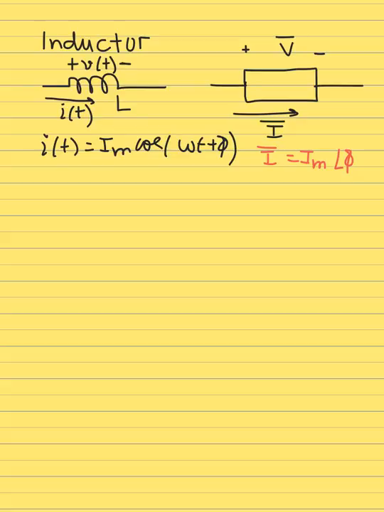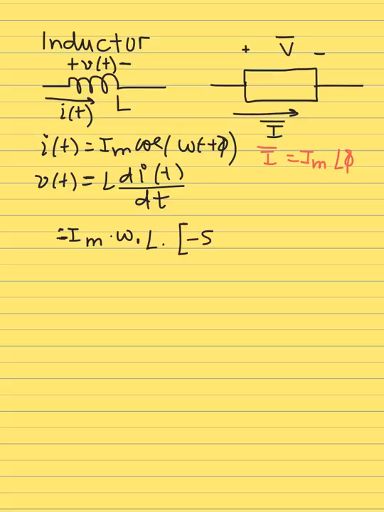So now for an inductor, we know v is given by L di/dt. So you take a differential of i with respect to t, and that gives you Im ω times L times negative sine(ωt + φ).